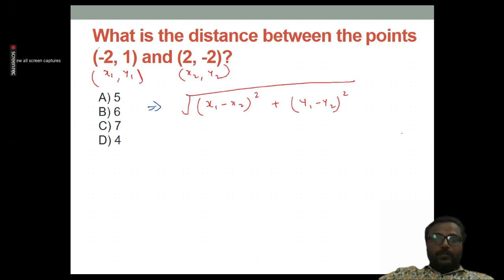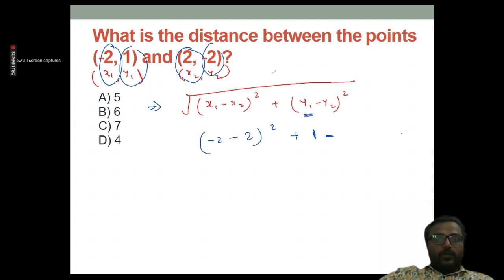So let's just plug in the values now. x1 is negative 2 minus x2 is 2, whole square, plus y1 is 1 minus y2 is negative 2, whole square, under root.